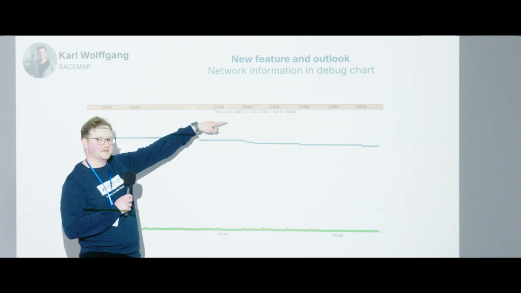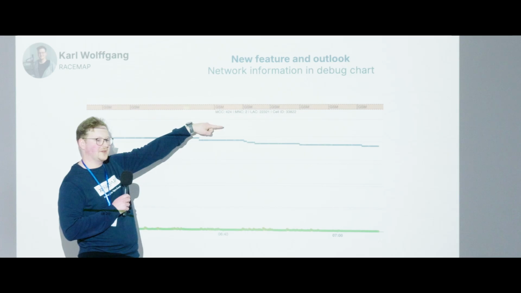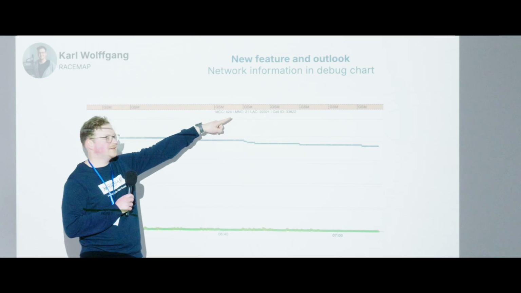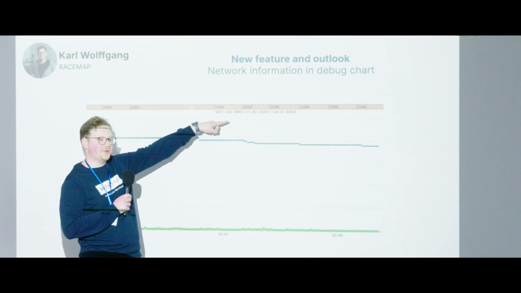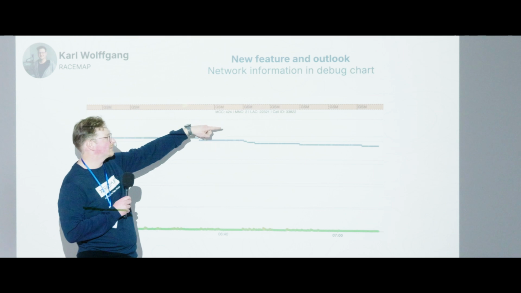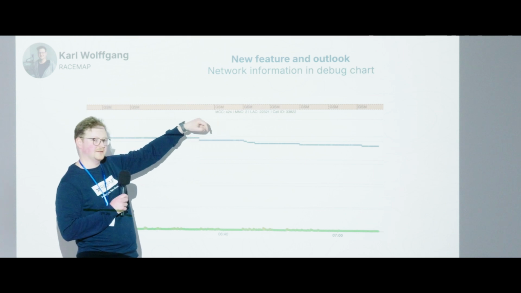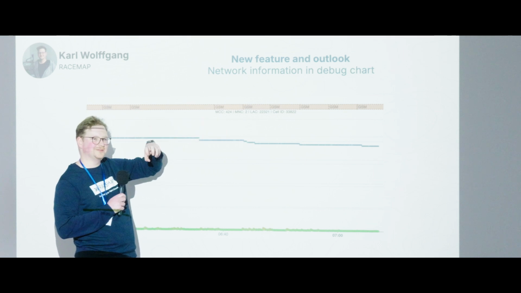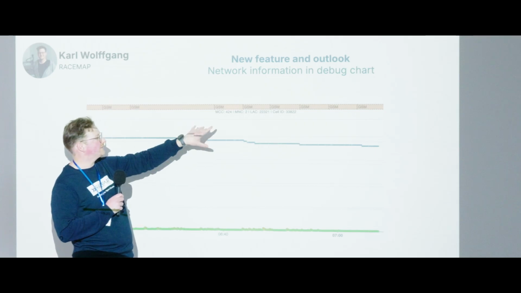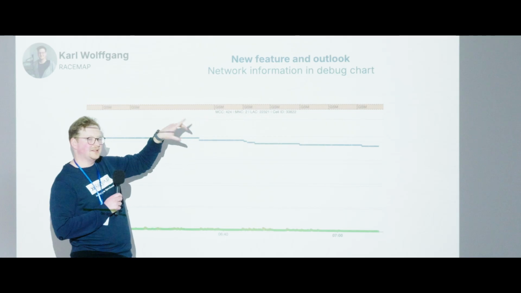The MNC is a network code. This is something like Vodafone, T-Mobile, and so on. The LAC is the location area code. So this is the area where the cell is located, and the cell ID is the final ID of the cell. So with these 4 numbers, you can identify every cell on this planet.